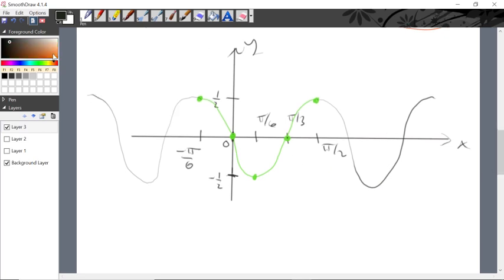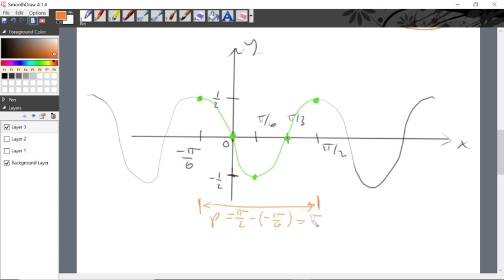Now, what would be the period for our wave? That would be from this x value here, the beginning of the cycle, to this x value here. That's the period. From our graph we can calculate it as the difference between these x values. That would be pi over 2 minus negative pi over 6, the difference between those two.